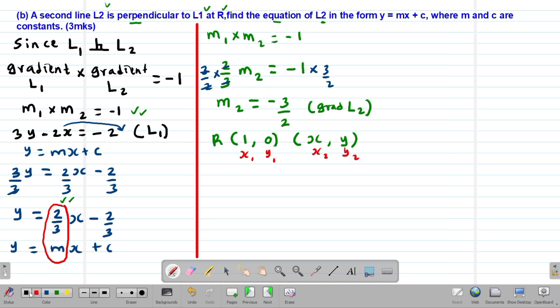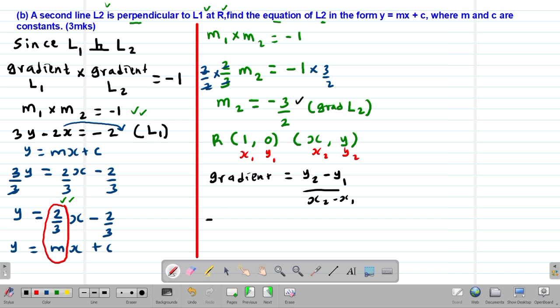We know that the gradient of any given straight line is the change in y over the change in x, which is y2 minus y1 divided by x2 minus x1. So the gradient for the line L2, we have already found to be -3 over 2.